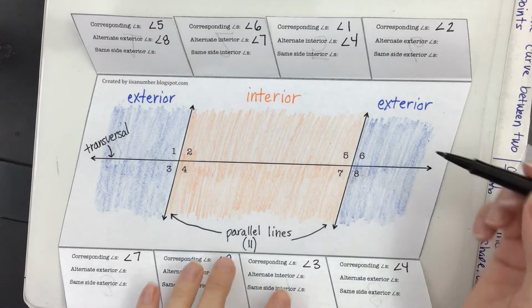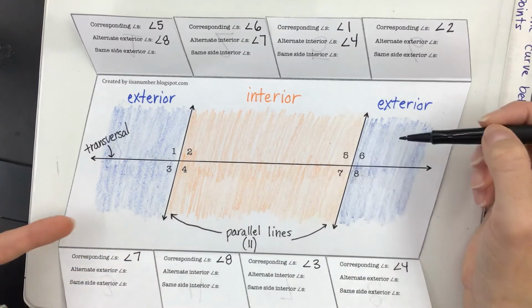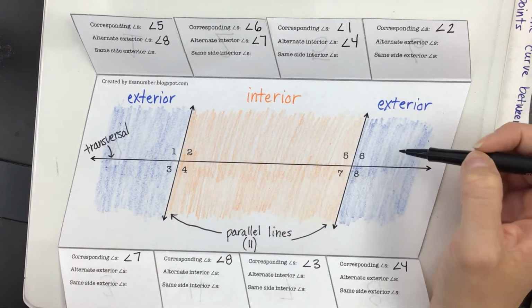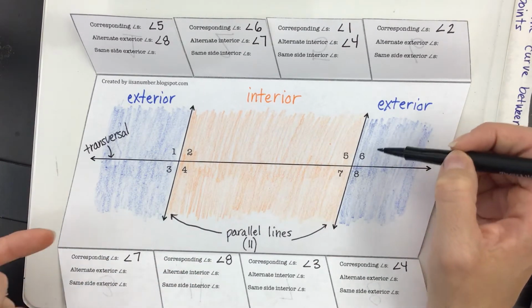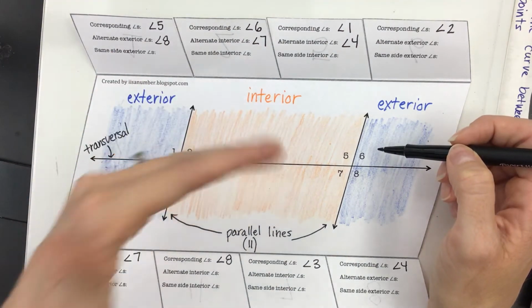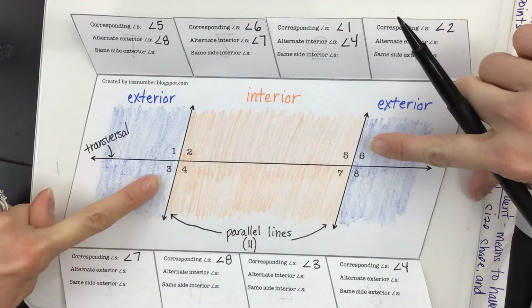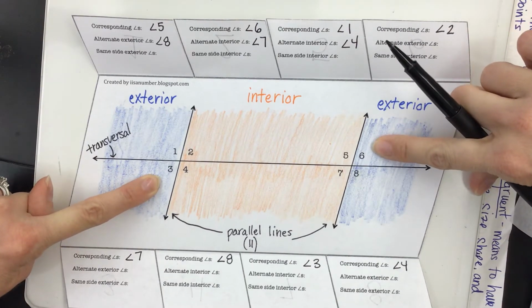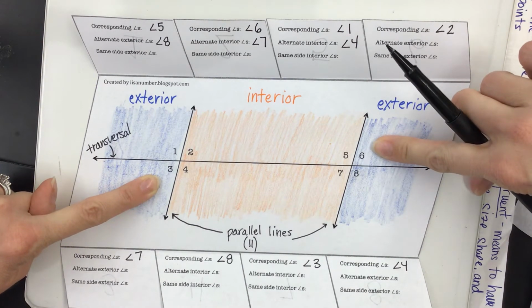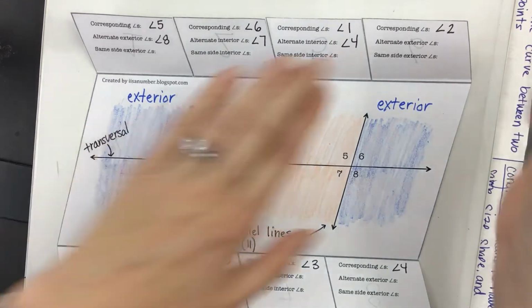And then we're going to look at angle 6. Remember, it's kind of like a diagonal here. Alternate exterior this time is going to be on the other side of the transversal and on the outside of the parallel lines. And it's kind of like a diagonal. Okay, so 6 and 3 are considered alternate exterior angles. So we can put angle 3 here.